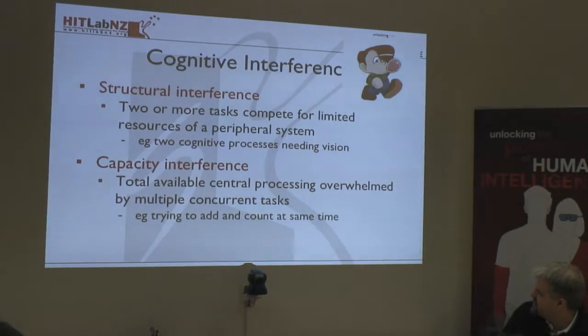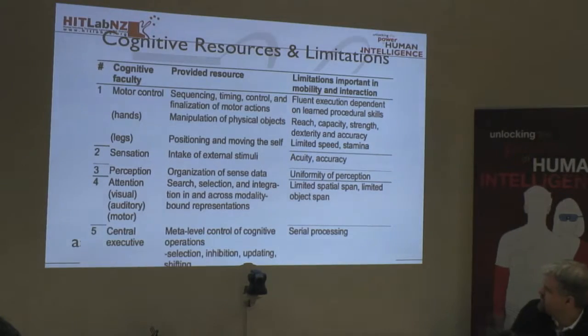So there's interference between each module, and the central processing that has to assign tasks to different modules can be overwhelmed if there are lots of tasks happening. From a psychology perspective, you can look at what resources are needed to perform different tasks.